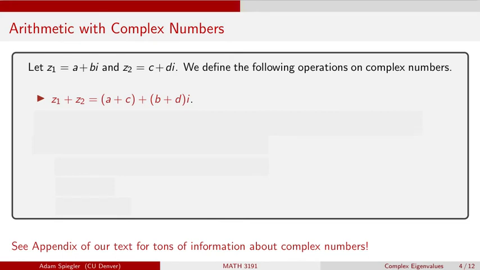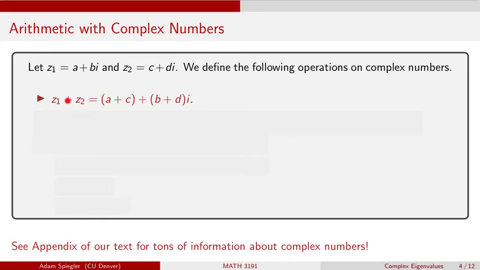Okay, so let's talk about some arithmetic that we can do with complex numbers. So let's say I've got two complex numbers, z1 and z2, where z1 is a plus bi and z2 is c plus di.